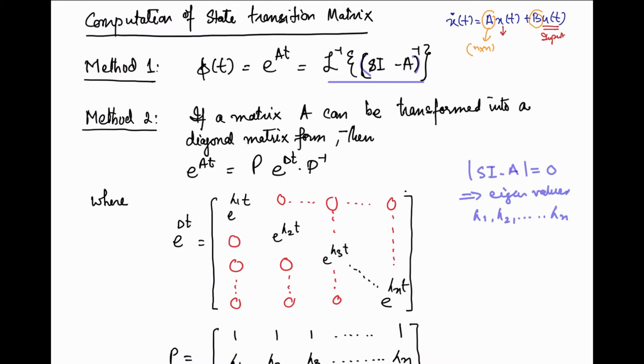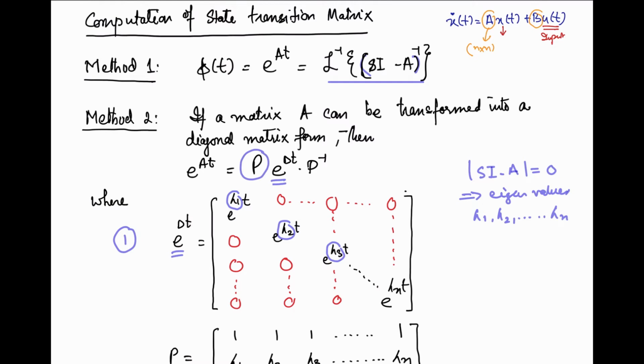So first step is to determine these eigenvalues, and with the help of these eigenvalues you can define this exponential matrix e power Λt. Once you get this matrix, then the diagonalizing matrix is obtained.